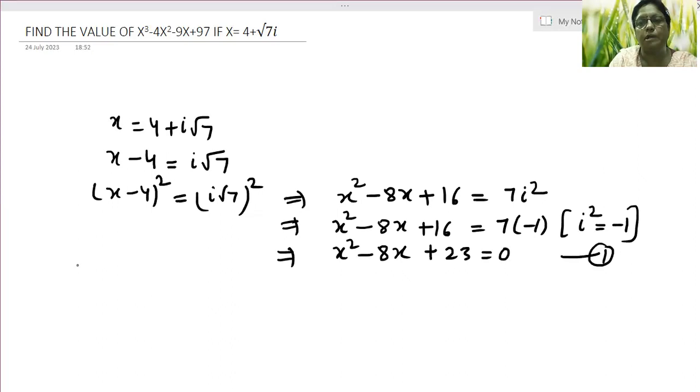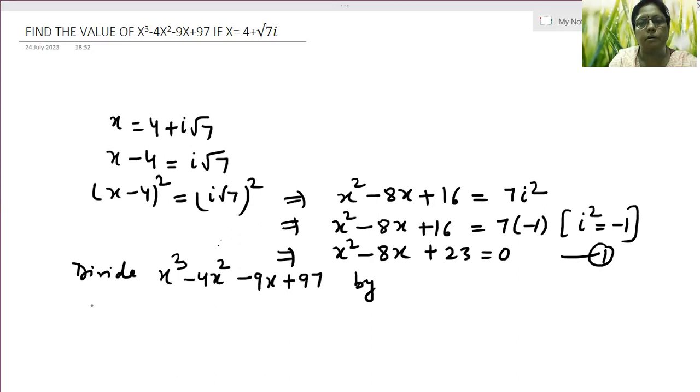Now divide x cube minus 4x square minus 9x plus 97 by x square minus 8x plus 23.